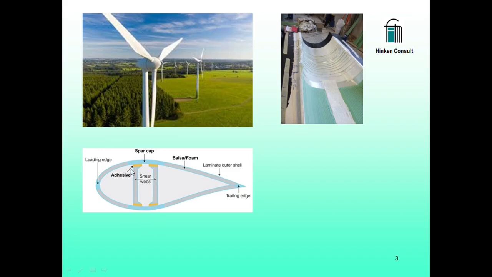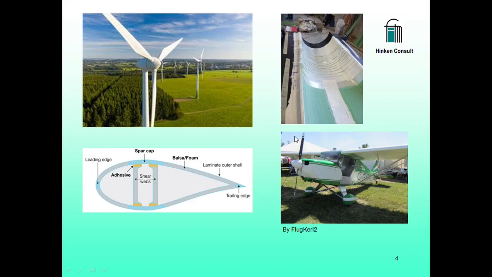The distribution of the adhesive between the outer laminate and the shear web then cannot be seen from outside and cannot be inspected visually. A different NDT method is necessary.